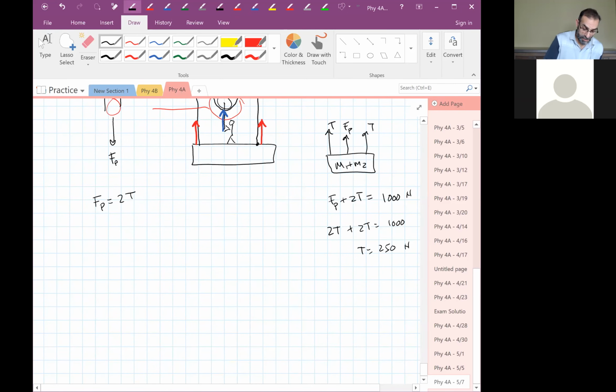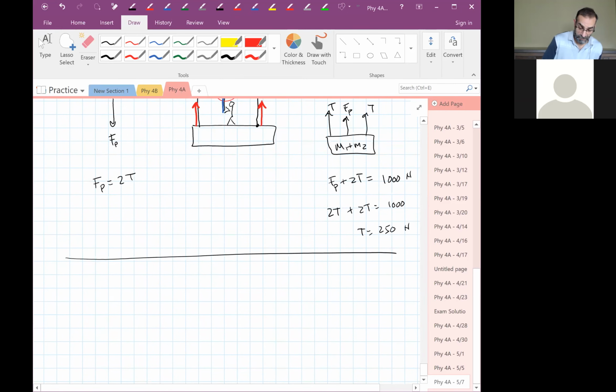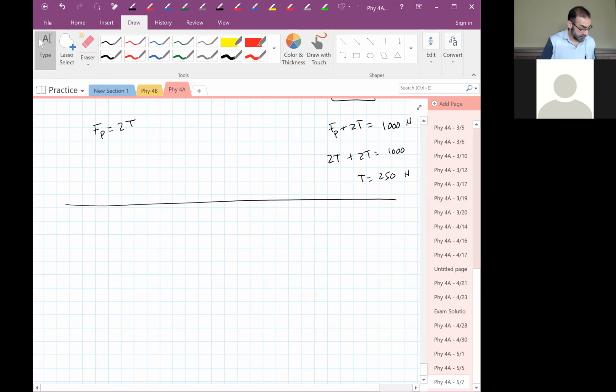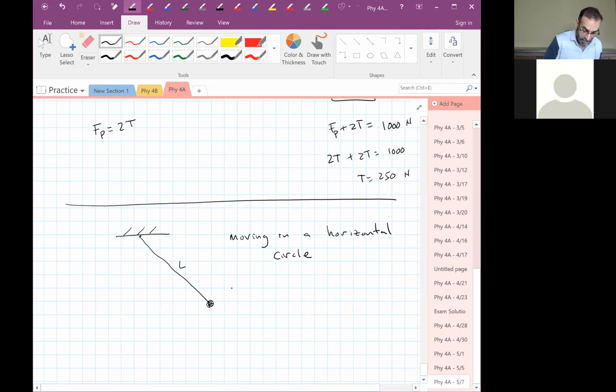How about one more circular motion problem? We've got an object on a string, and it's moving in a circular path, a horizontal circle. So like this.